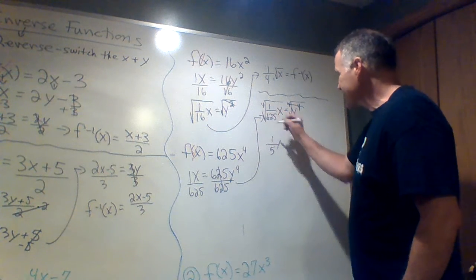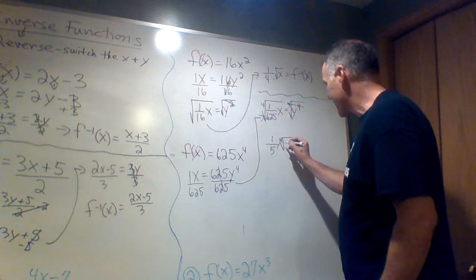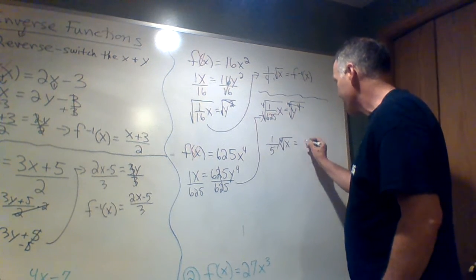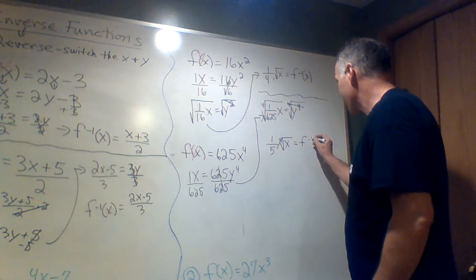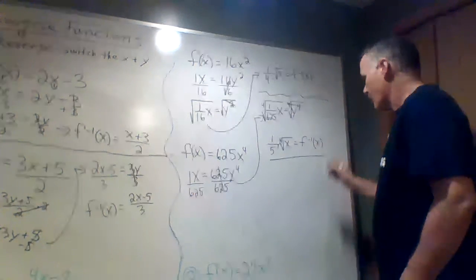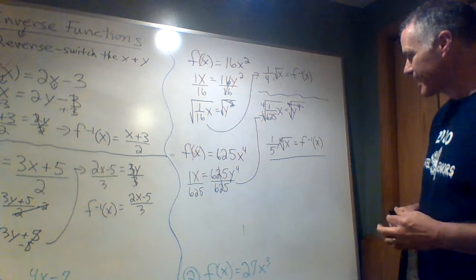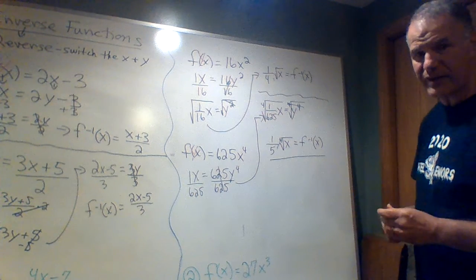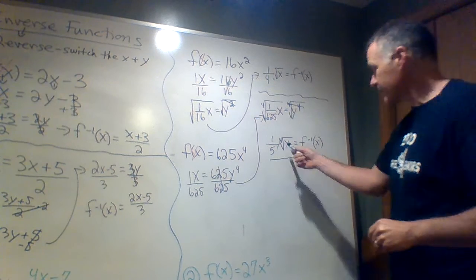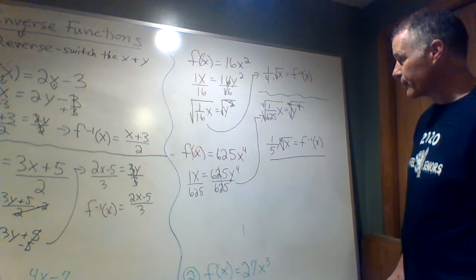Now again, this x cannot be fourth rooted, so it has to stay underneath. I know that looks weird, but that is the answer here. 1/5 fourth root x is the answer on that. You have to have that little 4 up there, since it's a fourth root.